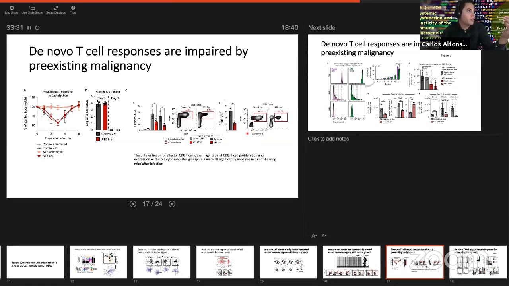Or if you also use granzyme B as a readout, it would have substantial effects on how these cells can have a cytotoxic activity or not in the same cancer model.